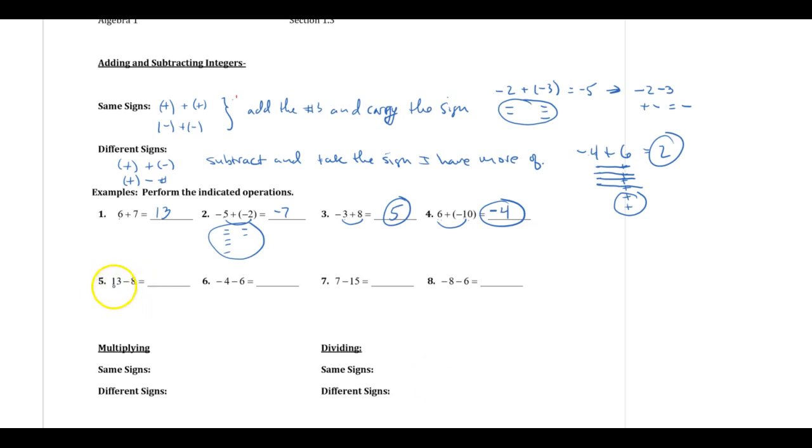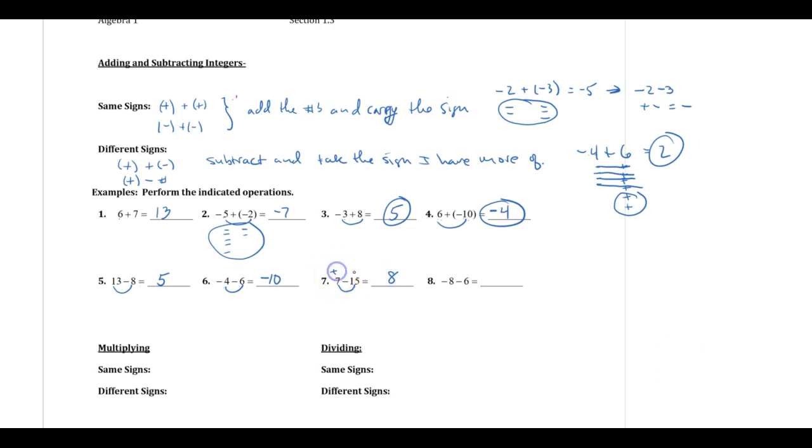13 minus 8, you should see it's different signs, but you should be able to do 13 minus 8, no problem, it's just 5. Now, when I have -4 minus 6, that 4 is negative, 6 is negative, so I basically have same signs, so I add them together and I carry the sign. 7 minus 15, that's different signs. So if I were to subtract them, 15 minus 7 is 8.